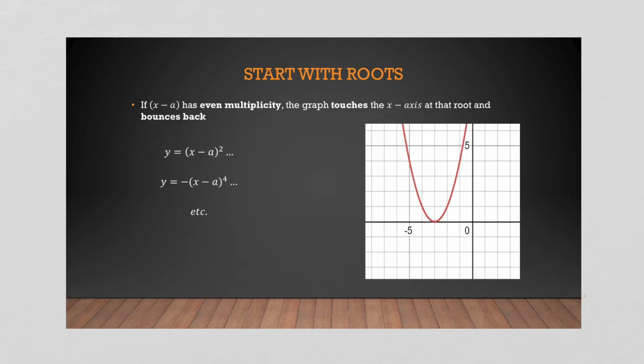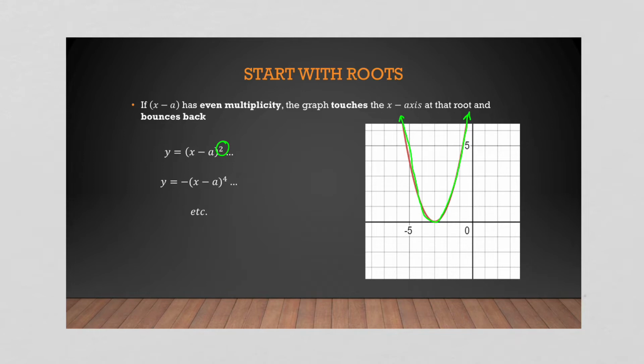Now, if you have even multiplicity, we are not only going to have a root, but we're not going to cross through the graph. We're going to do what we call bouncing. I call it bouncing off the graph. This is basically a graph of our parabola, right? And if you remember, a basic parabola was y equals x squared, and x squared is an even degree, degree 2.